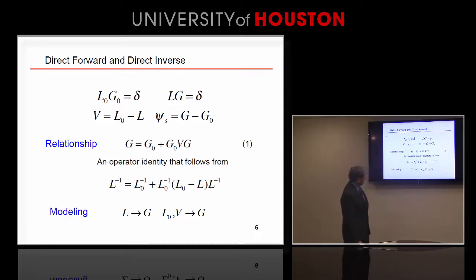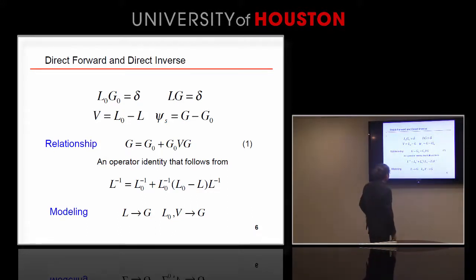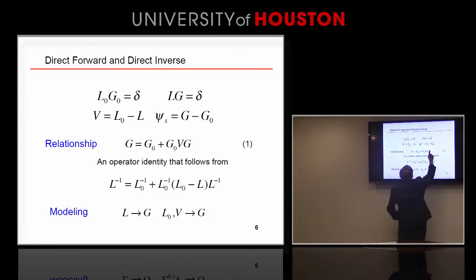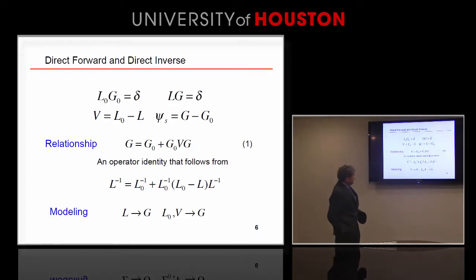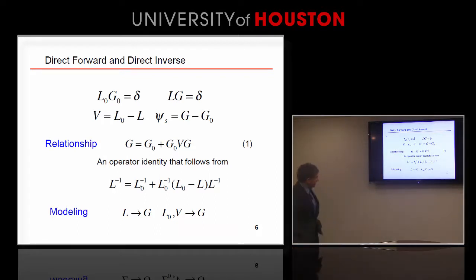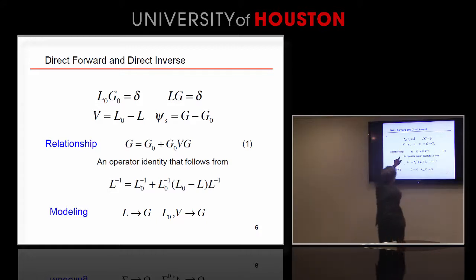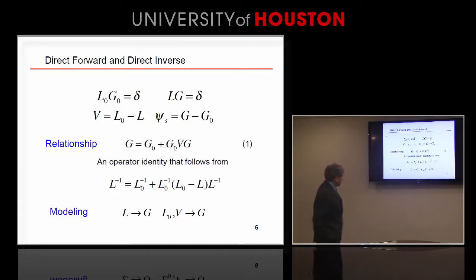This scattering theory is just perturbation theory. It relates how differences in medium properties relate to differences in wave fields. If L is the differential operator for a medium and G is its wave response, and L0 is a different medium and G0 is its wave response, then V, L0 minus L, is the difference in properties in the two media.